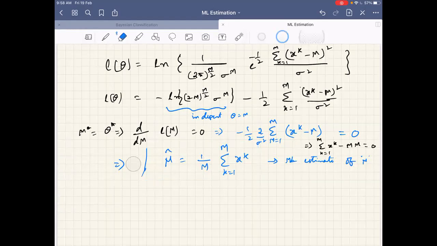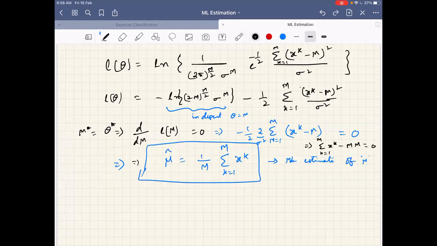So this is how we can do. But what I request or suggest you people to do is, in case sigma square is also unknown, theta is equal to (mu, sigma square), put together these two as a vector having mu and sigma square.